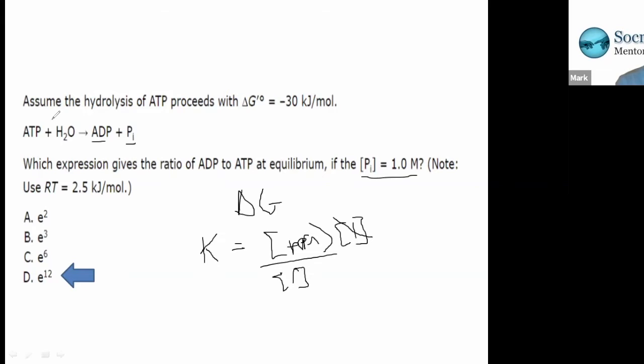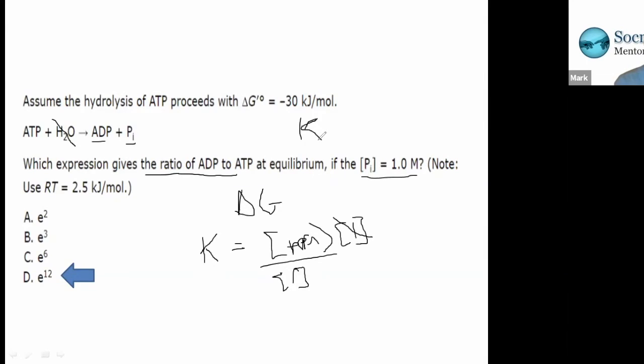Concentration of reactants, well, water we always get rid of, because water doesn't really matter. If we have it in the reactants or on the product side, we just get rid of it when we're calculating K. So essentially K is just the concentration of ADP to ATP. That's the ratio, right? So what they're asking us to find is actually K. So K is the unknown, right?